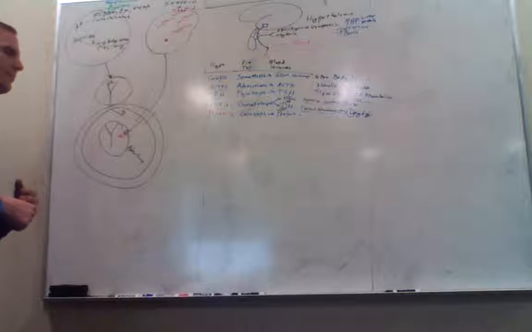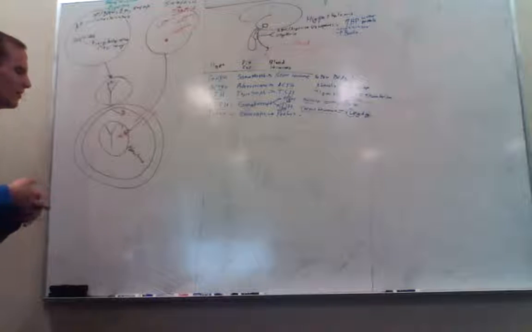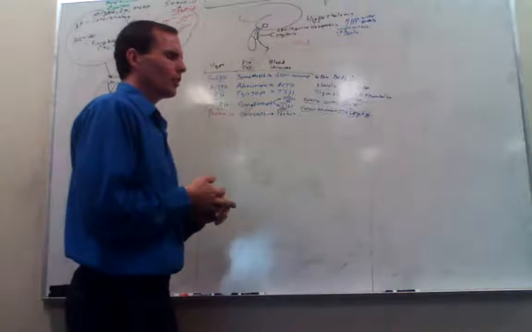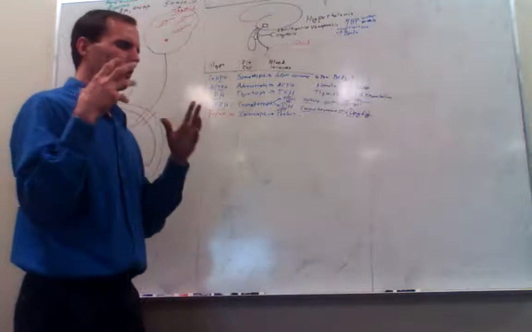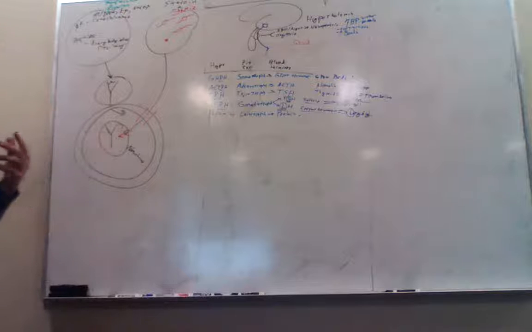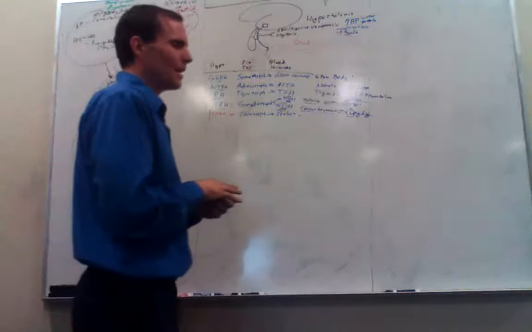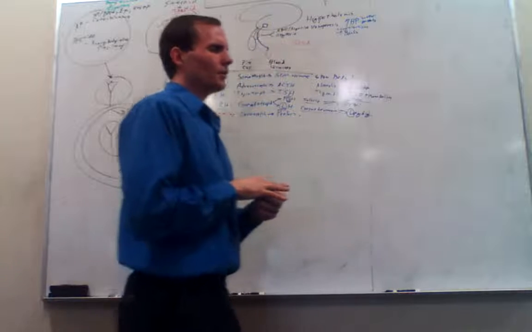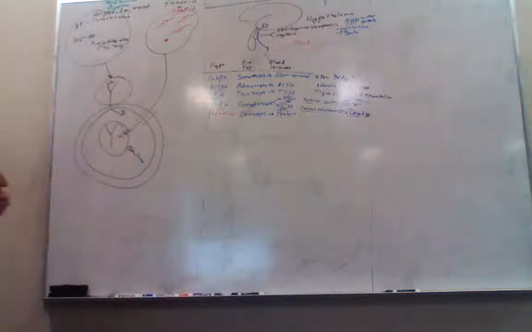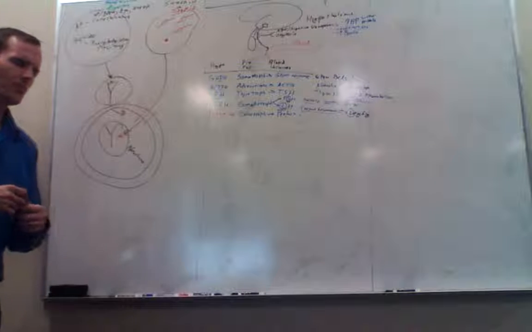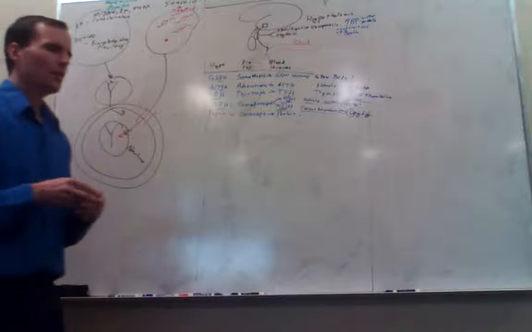All right, now let's go to the anterior pituitary. How many hormones come from the hypothalamus to the anterior pituitary? The hypothalamus releases how many different ones, potentially? Five. Those five are all releasing hormones, except for one at the end.